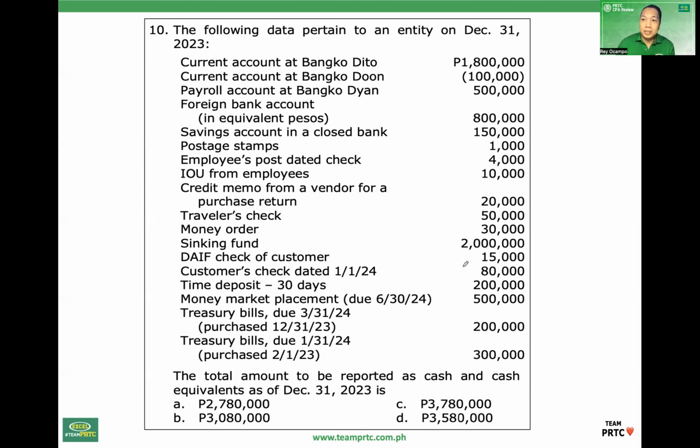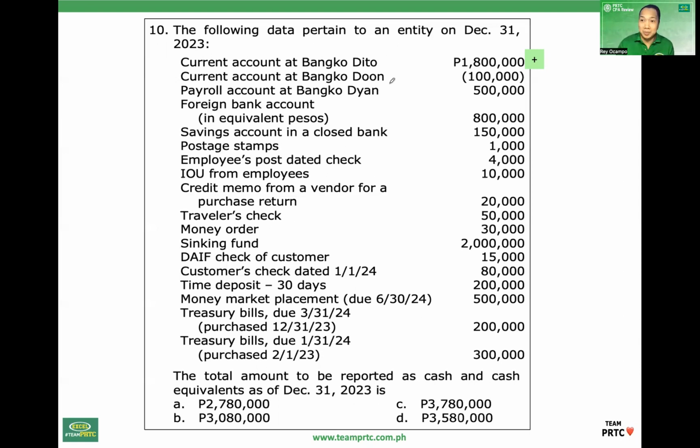Okay, the first item, current account at the bank here, include. That is cash. Current account at the bank there, negative, overdraft. Technically, that's not allowed in the Philippines, because if the fund is insufficient, the check will bounce. But if the bank accommodates it and allows it, then it is considered borrowing from the bank.